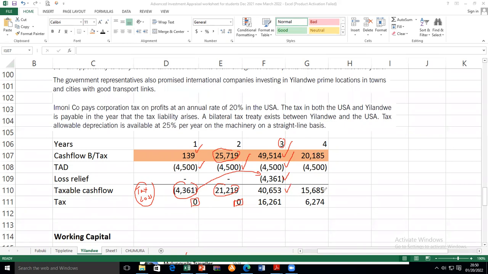Here the tax will be paid only on that amount. What is the tax rate? This is the tax rate in the country where the project is being run. The tax rate is at 40%.